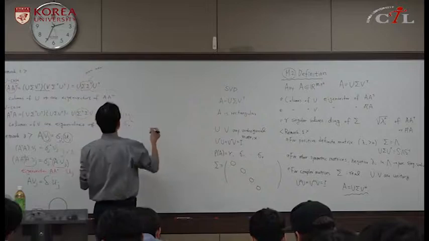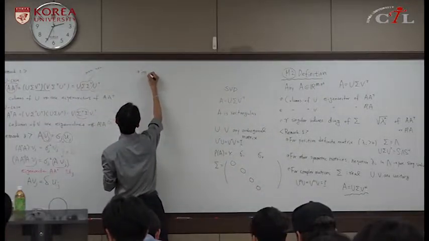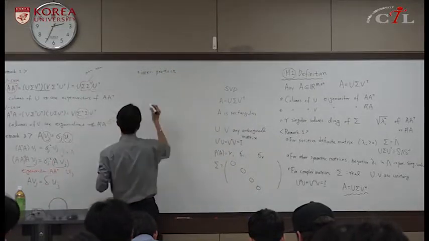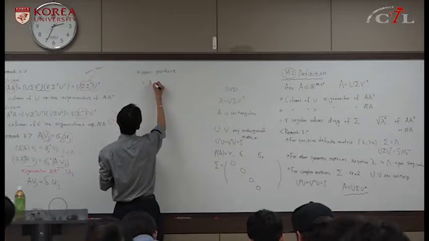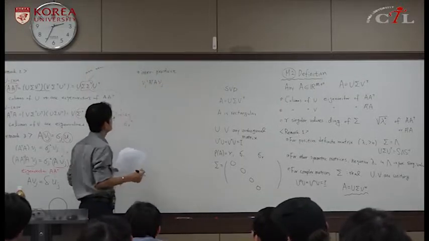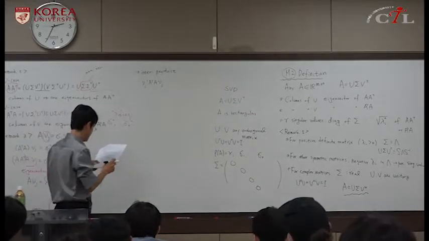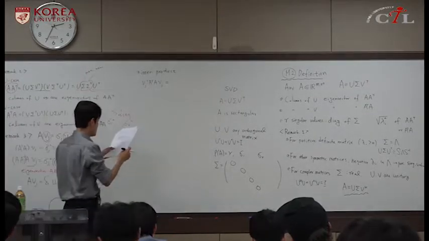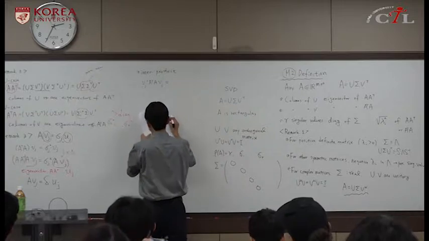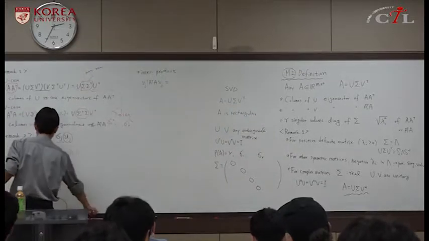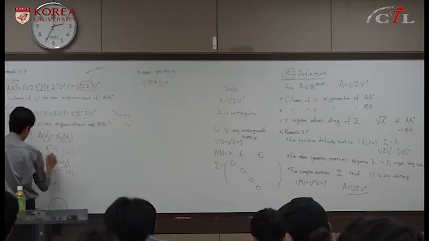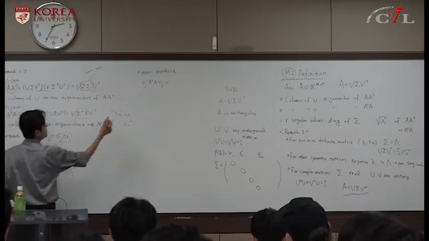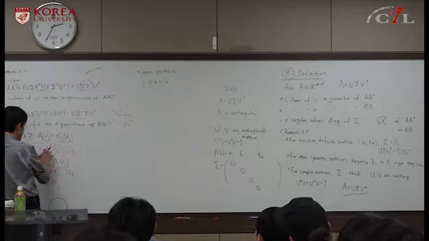The length of A Vj is checked by inner product. So A Vj transpose A Vj, which is Vj transpose A transpose A Vj. Given the relationship from here, if we multiply Vj in front, then Vj transpose A transpose A Vj is Vj transpose sigma j square Vj.